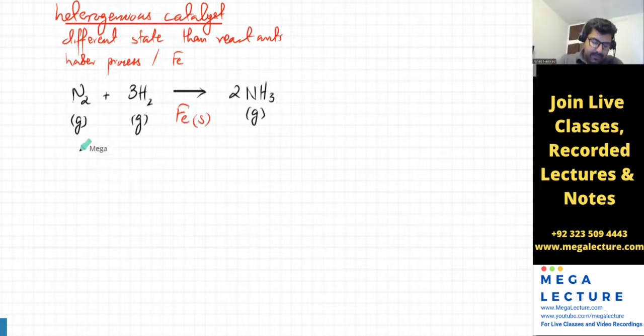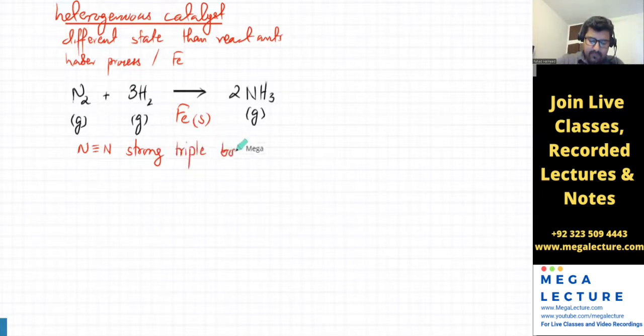I told you every reaction has a different reason why the reaction is not happening. So N triple bond N is a strong triple bond. If the catalyst would somehow make it easier to break the triple bond, that would speed up the reaction. So how can a catalyst do that?